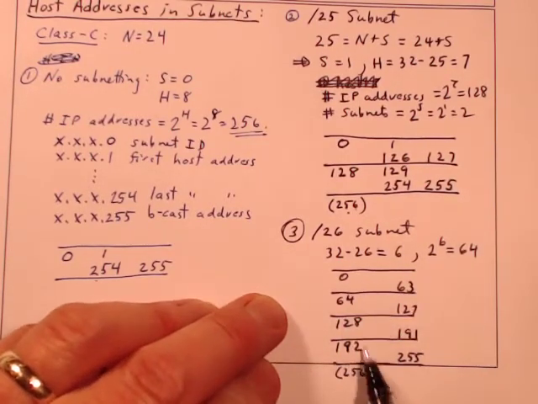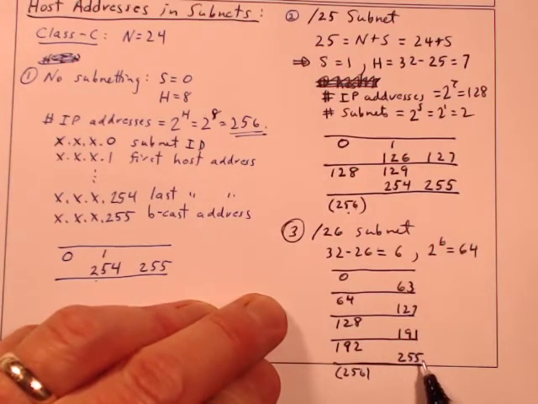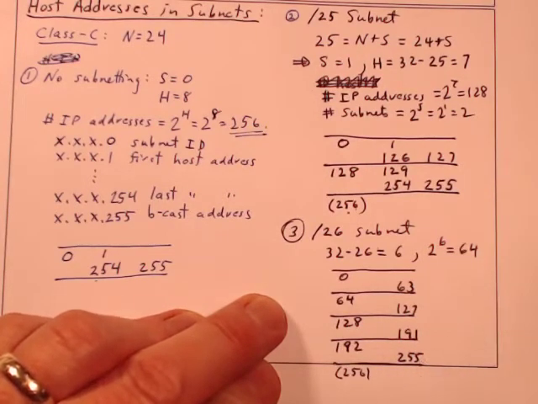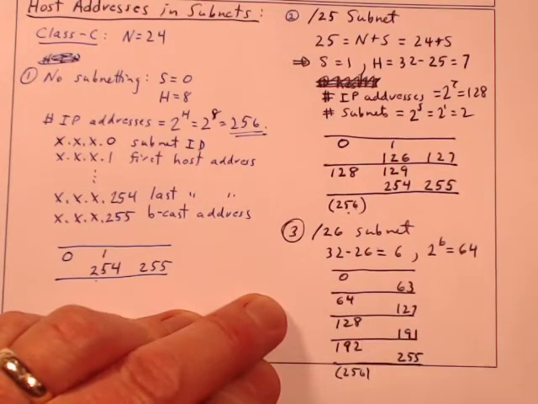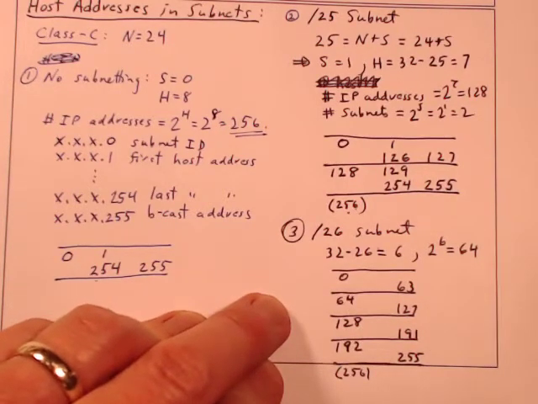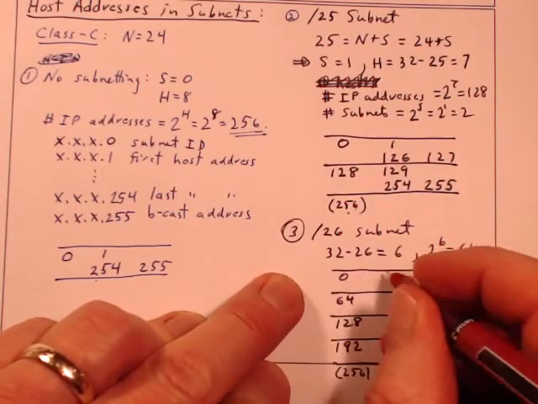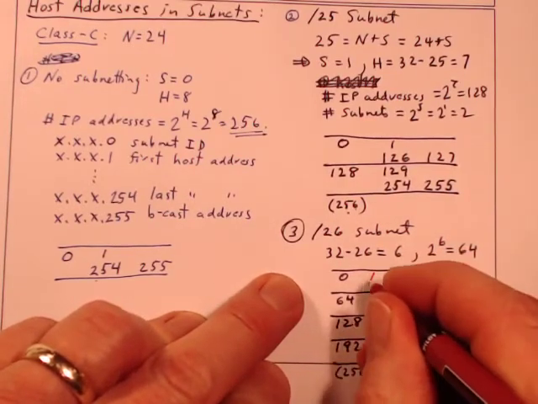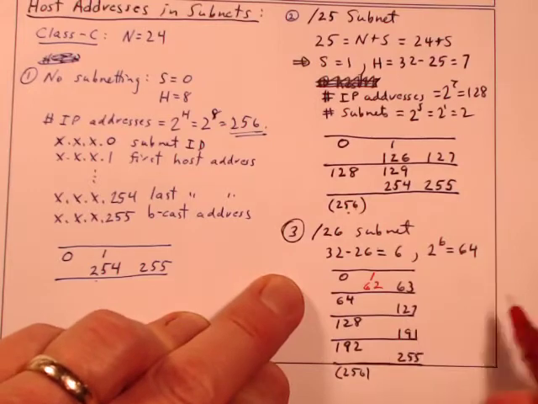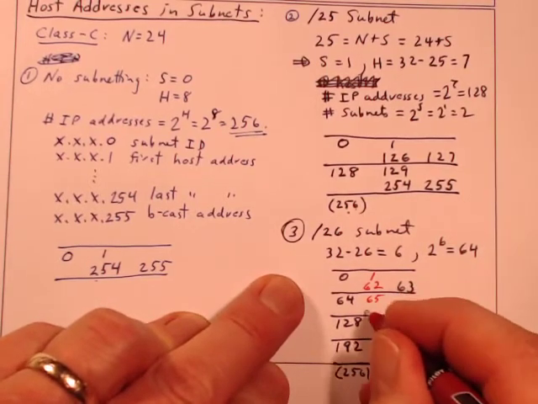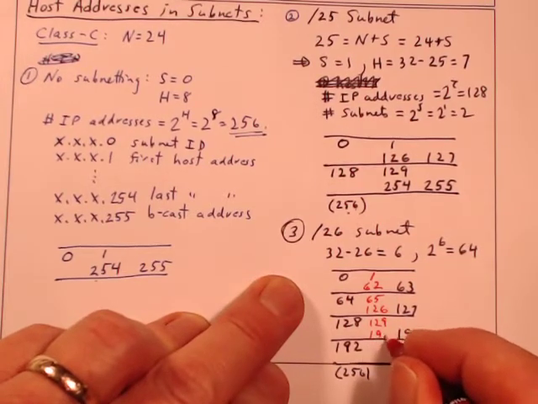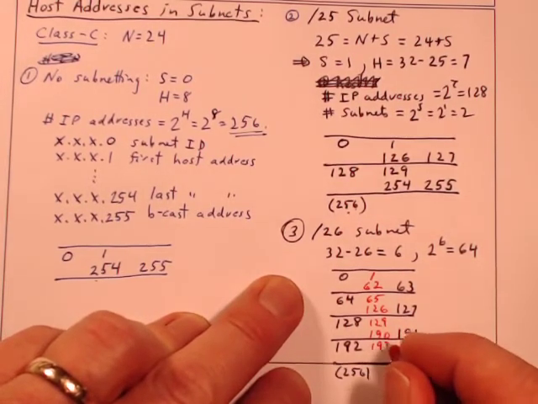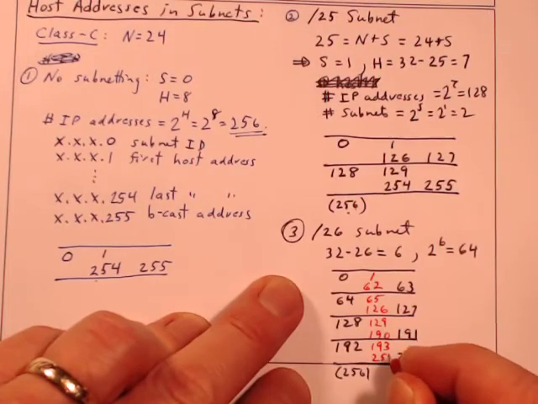And so now I've got the subnet IDs, and I've got the broadcast addresses. The broadcast addresses, we're just subtracting 1 from the subnet ID of the next one. And now it's very easy to fill in the range of IP addresses because I add 1 and subtract 1. So 1 to 62, 65 to 126, 129 to 190, and 193 to 254.